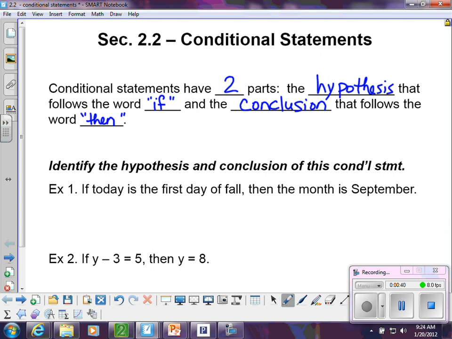So the first thing we're going to do is identify the hypothesis and conclusion of this conditional statement. The hypothesis follows the word if. Does it include the word if? No. Okay? So your hypothesis is all of this. So that's my hypothesis.